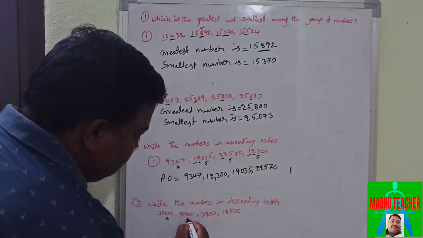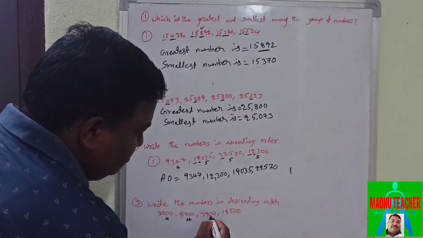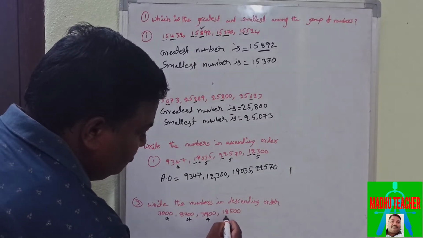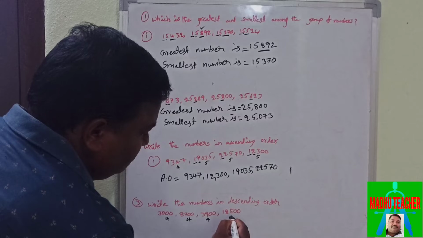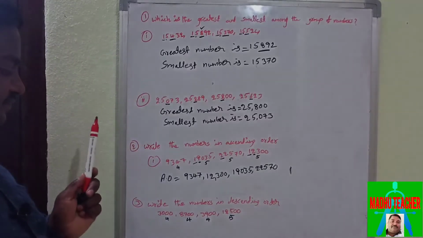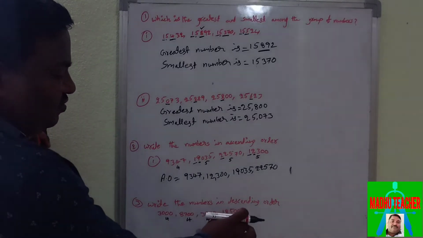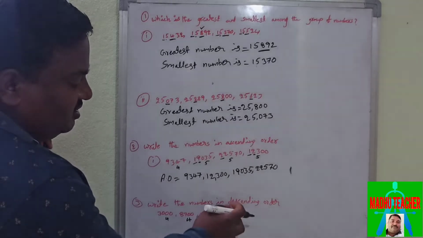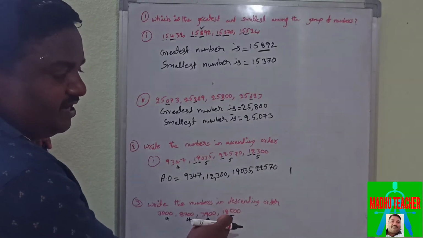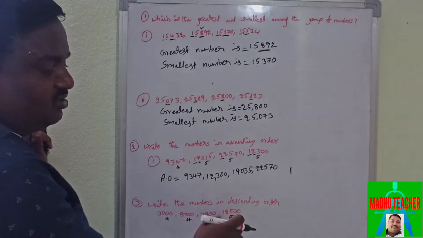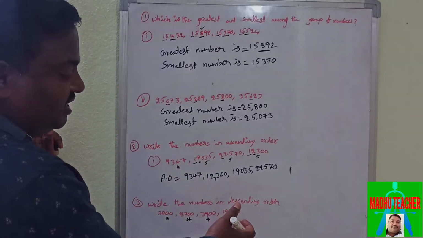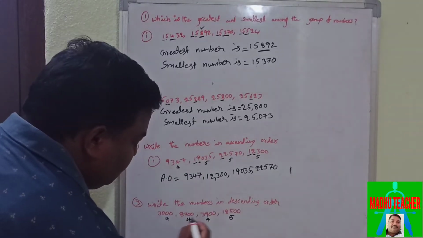This has again 4. It also has 4, and we have 5 digits. So we can say that this number has 5 digits. So this number has more digits, so we can say this is the greater number.